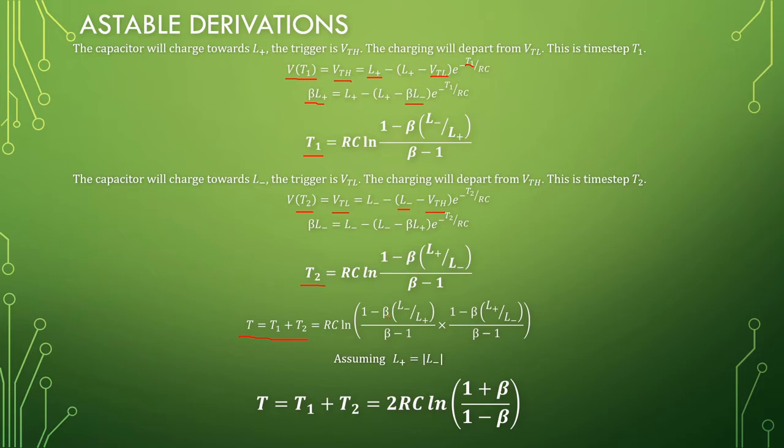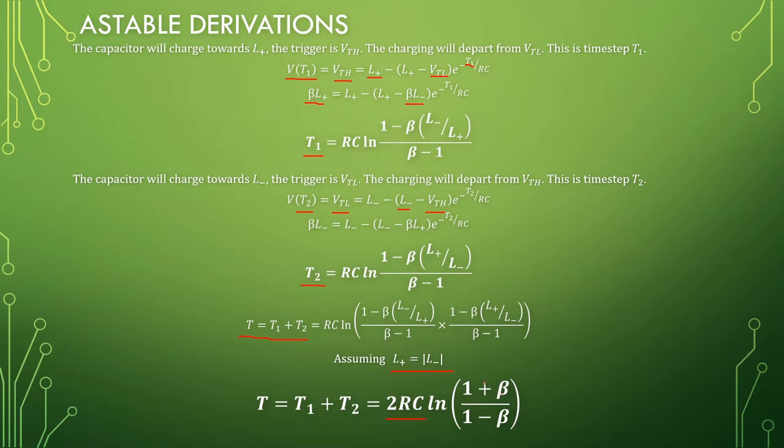So adding these in the ln equation, they will be multiplications. And typically, our L plus and L minus will be equal to one another in absolute terms, which will make our equation 2 times RC ln of (1 plus beta) over (1 minus beta).